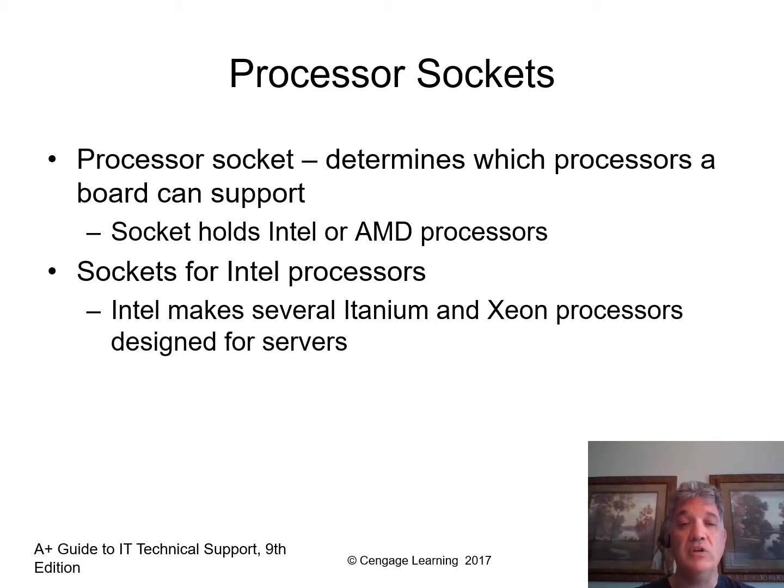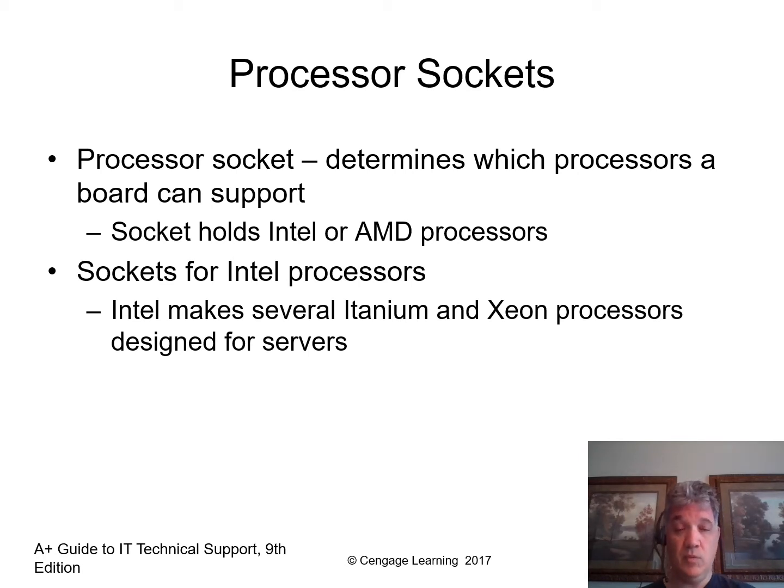The CPU is also keyed, which means that it can only go in one way. And not only that, but when you put the CPU over the socket, it should simply drop into place. So you should never force a CPU into the socket. Now, there are other form factors that are installed a little differently.